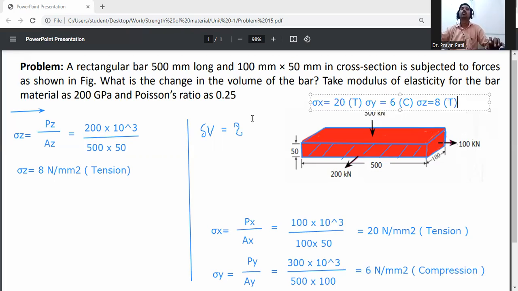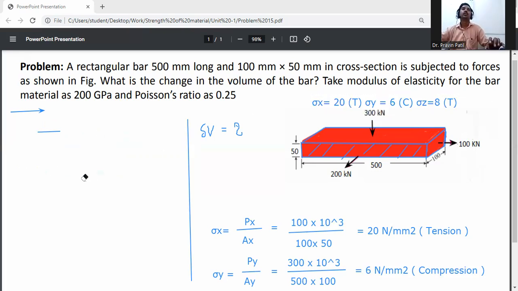Now calculate strain in x and y direction.